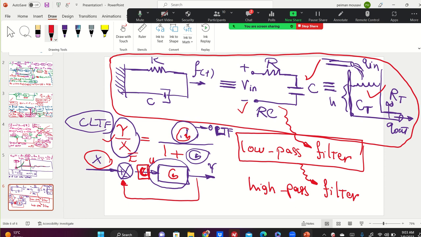And like your body, we do not want systems to be open loop, because if they are open loop, we cannot control them. That's why we give feedback to them, and then we control based on the feedback.